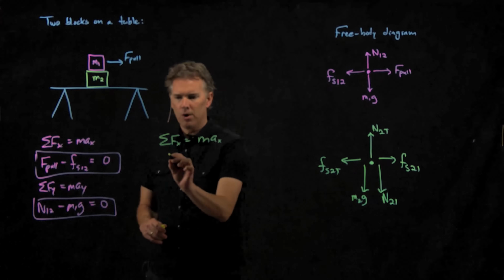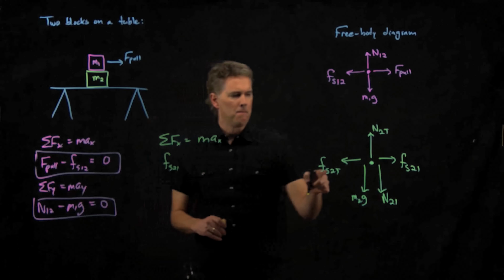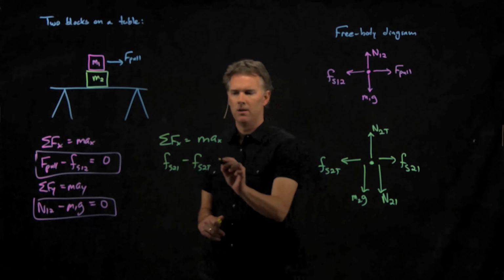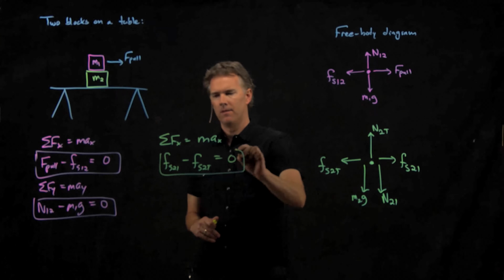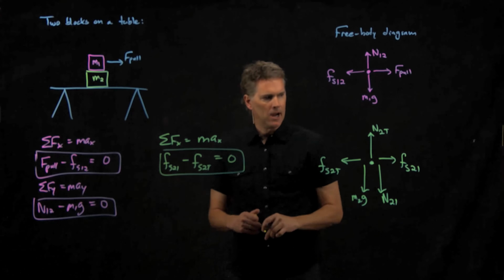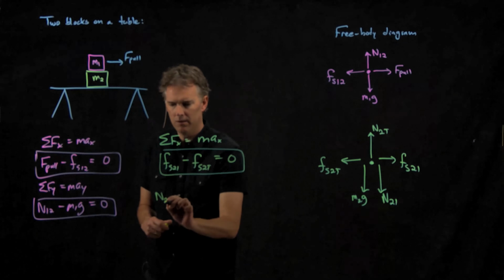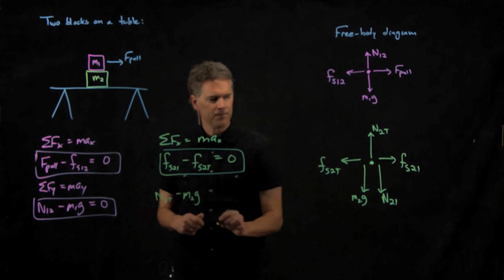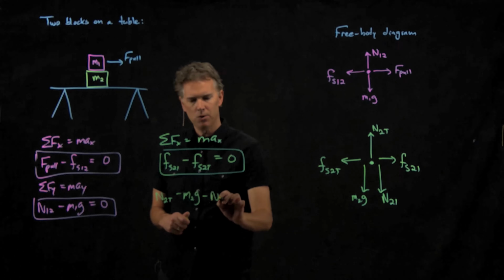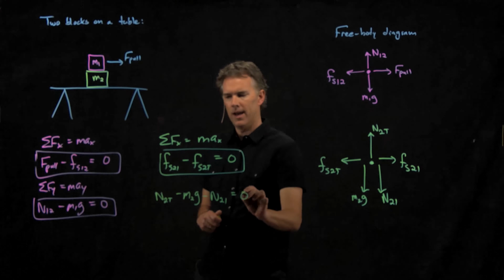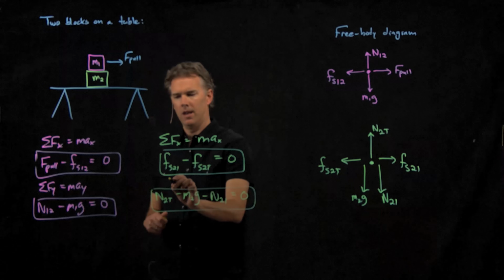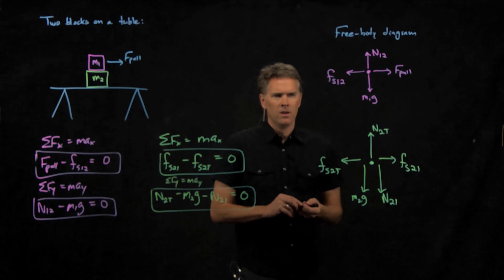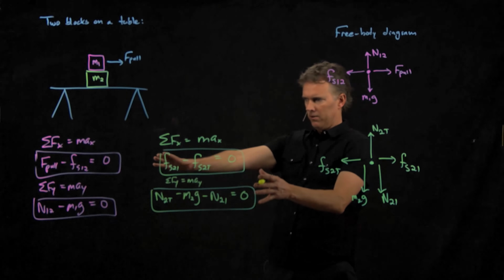We have Fs21 minus Fs2t. That equals 0. And then we have the vertical forces, N2t minus M2g minus N21. All of that equals 0. And this was, of course, the vertical equation. That's writing down Newton's second law.